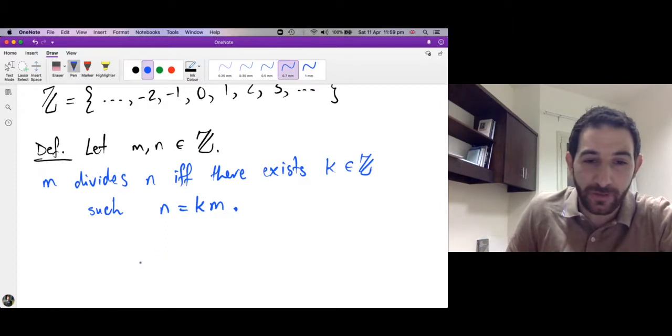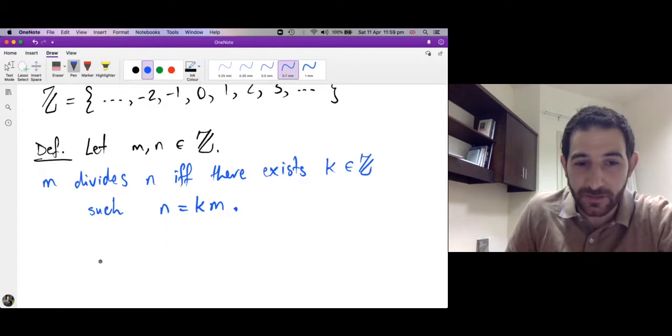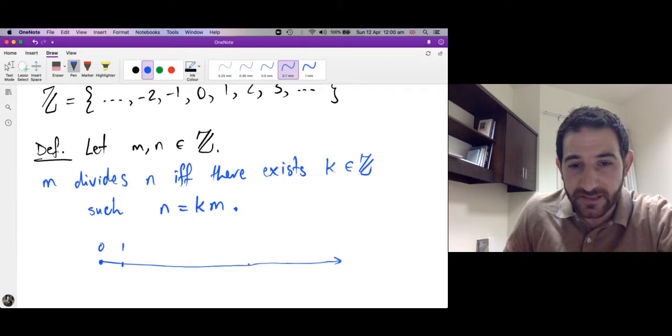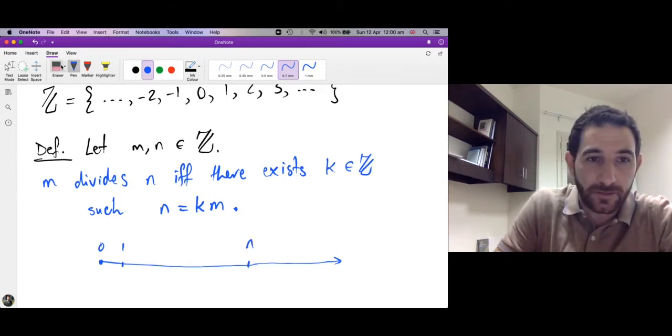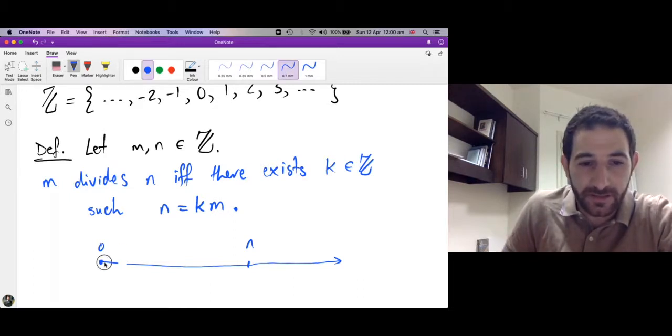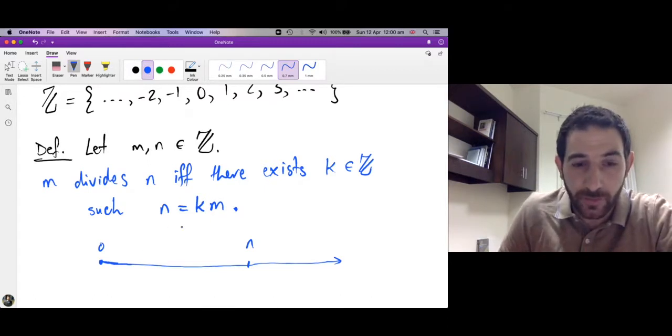If we think of n as a positive integer on the number line of the integers, say m is 3 and n is 9.